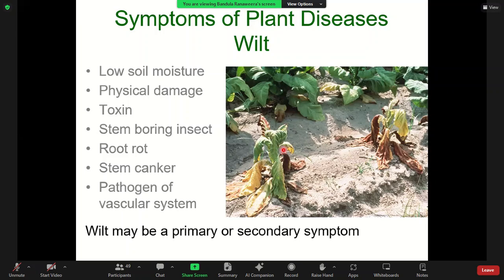So because of the damage to the root system, blocking of the root system by a pathogen or other organism, the plant will show the wilt symptom.